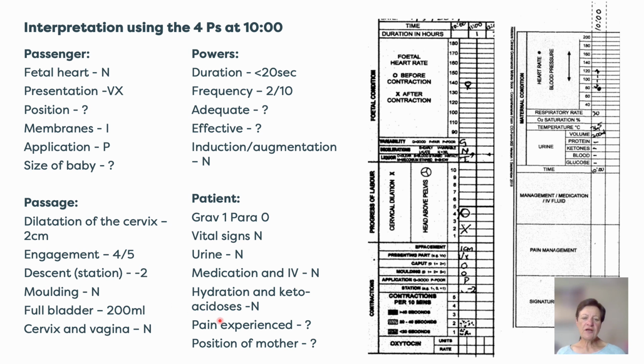We need to give her lots of health education because it's still early in labor on how to deal with the pain. We can teach her some non-pharmacological pain methods to deal with the pain, and we need to give her nutritious foods and fluids to keep her well hydrated and to prevent ketoacidosis from forming.